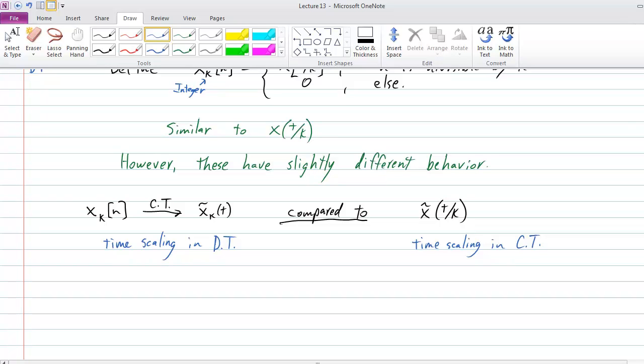And now all I do is I say, okay, therefore, X of f equals, we have a rule. We said how to take a Fourier series and turn it into a Fourier transform.